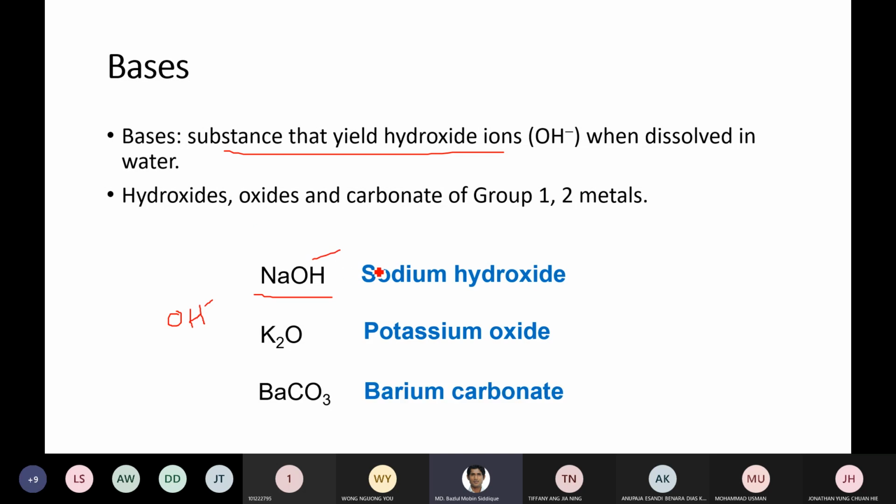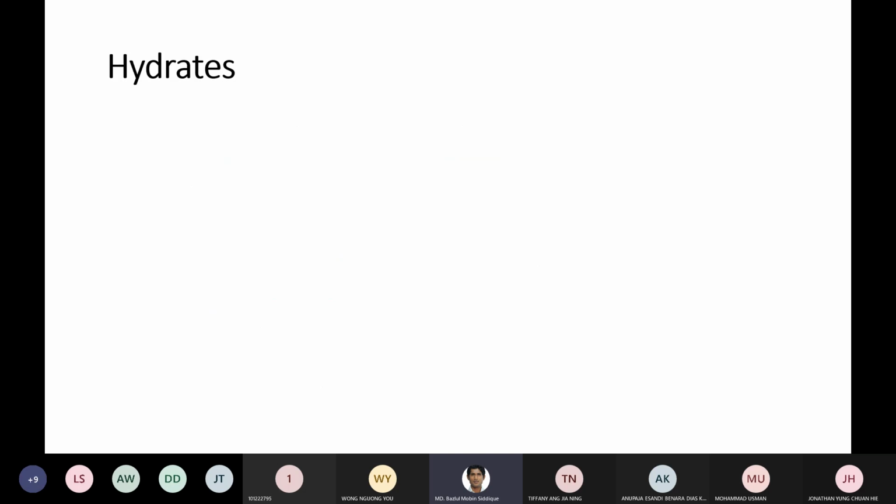And then barium carbonate. It will not produce hydroxide ion directly, but indirectly it is one of the bases.